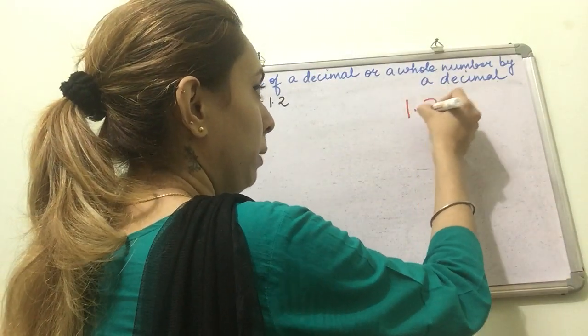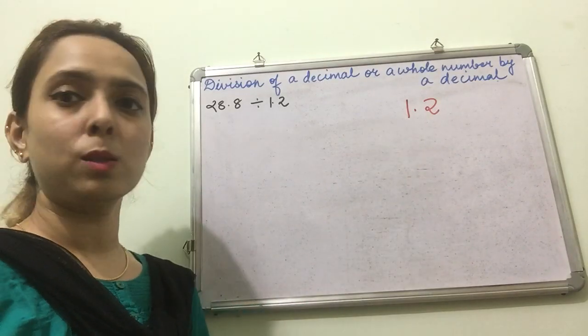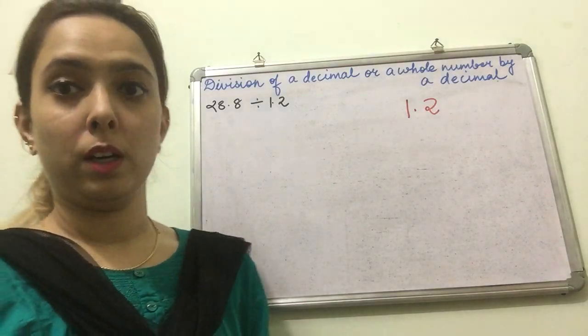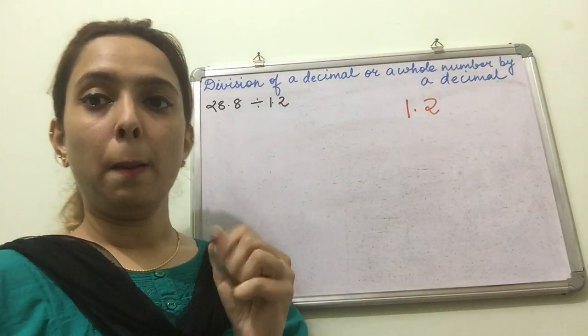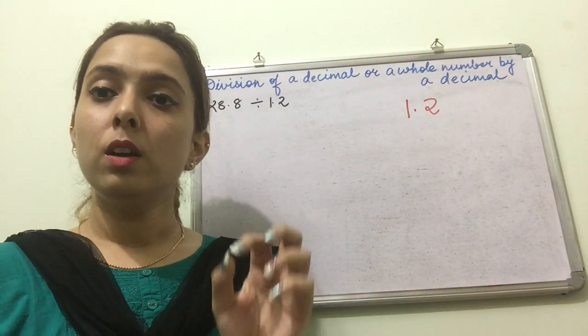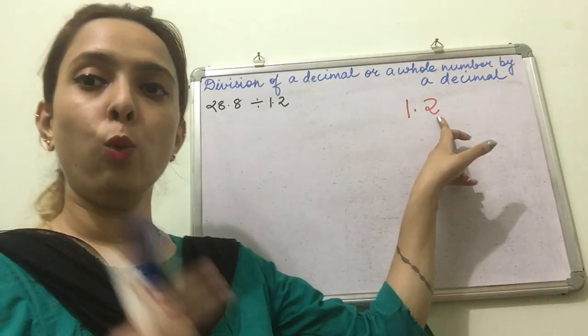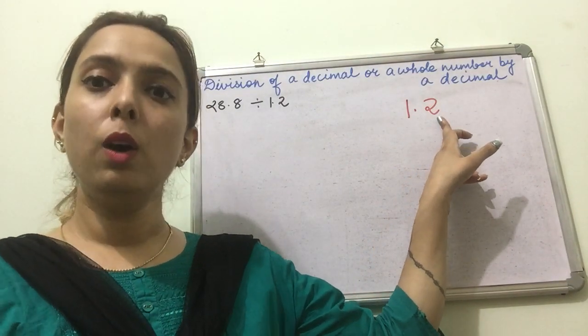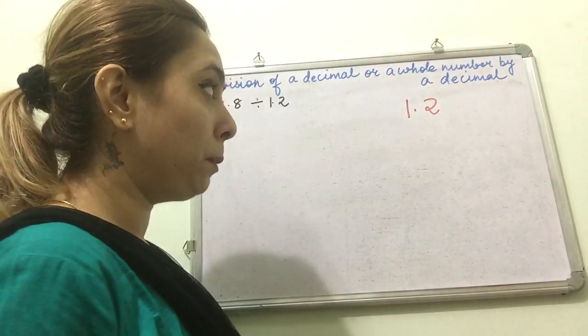Here, 1.2 is a decimal number. I want to convert this 1.2 into a whole number. So we will multiply this 1.2 by 10, because here we have only one decimal place. There is only one number after the decimal.